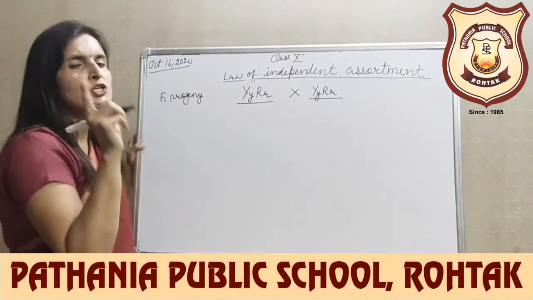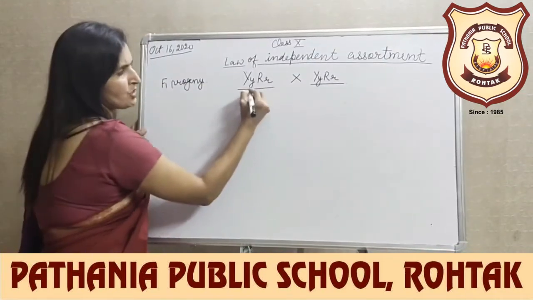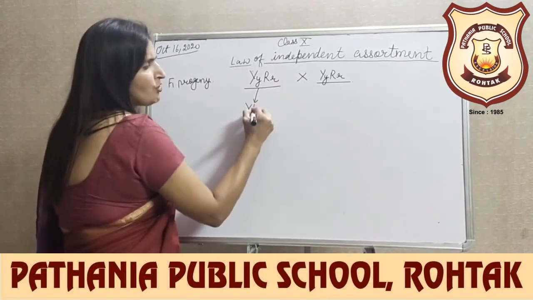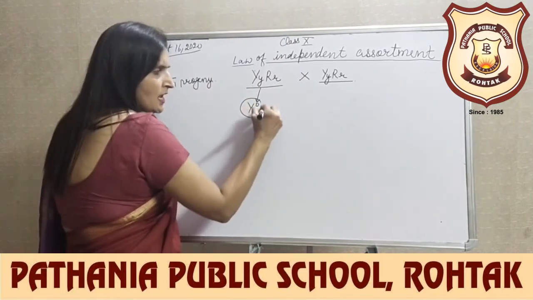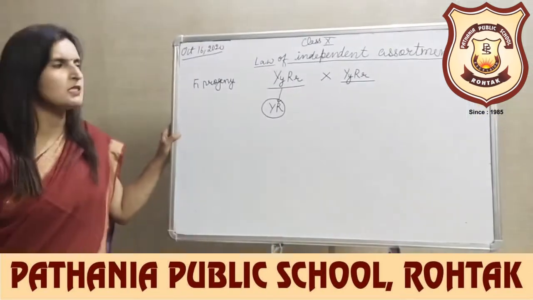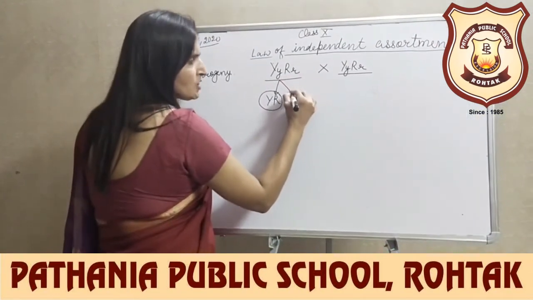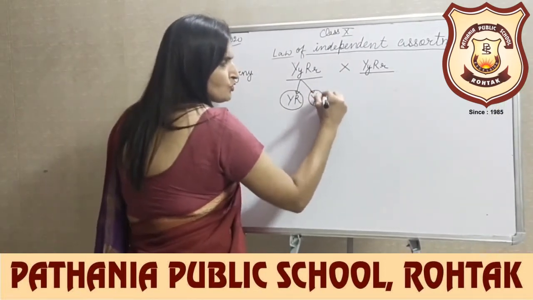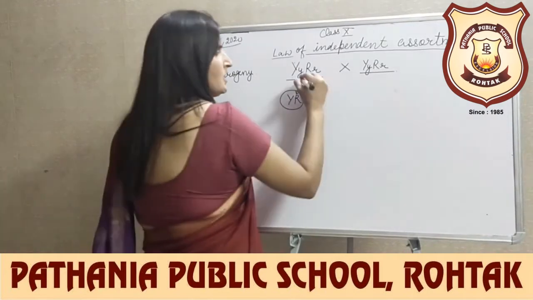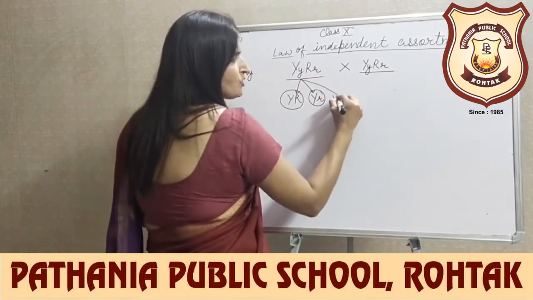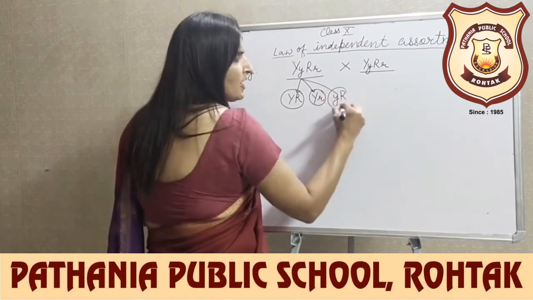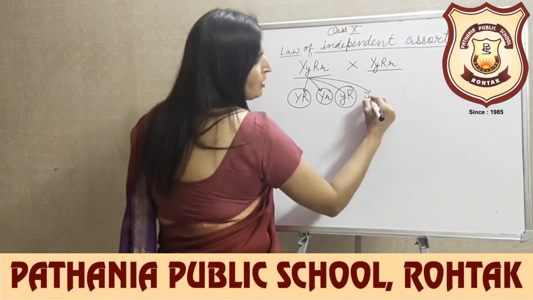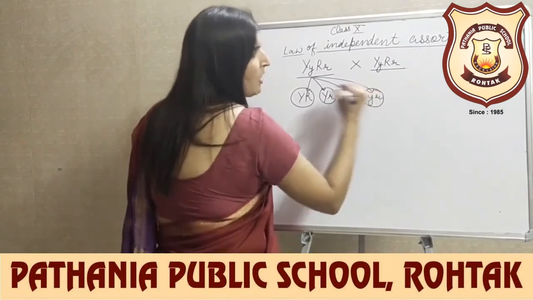What happens during the gamete formation? The gametes may have the combination capital Y, capital R. It may have capital Y, small r. It may have small y, capital R, and it may have small y, small r.